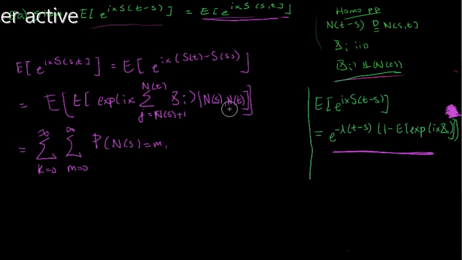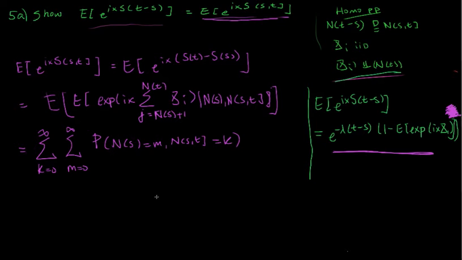So again, we will go back and say, instead of looking at N(t), we will look at the increment from s to t, so that N(s to t) is equal to k. And then what do we have?